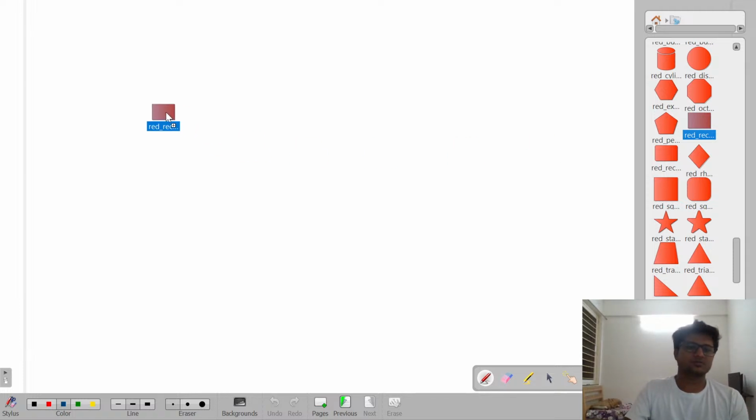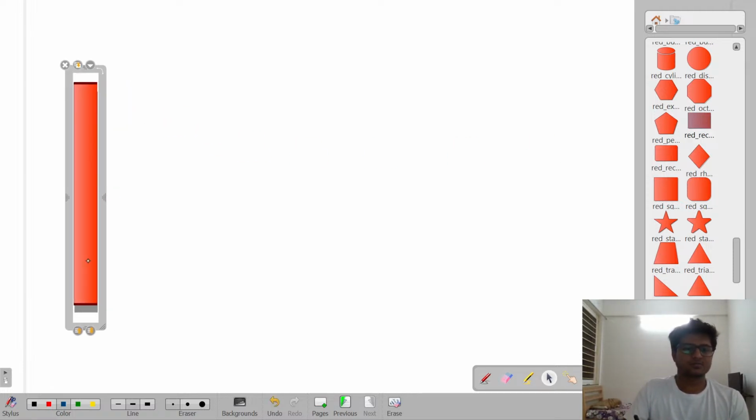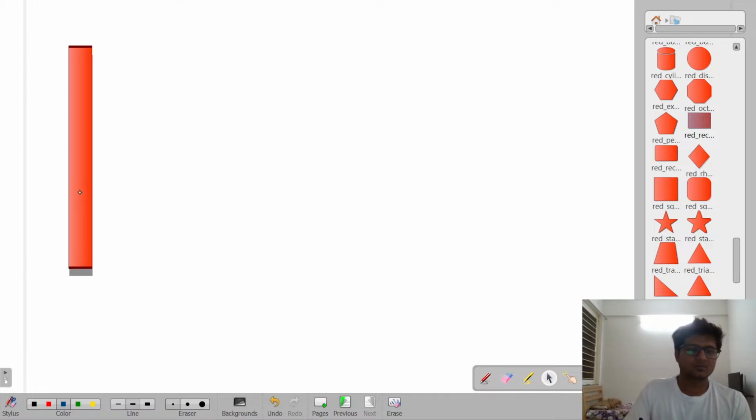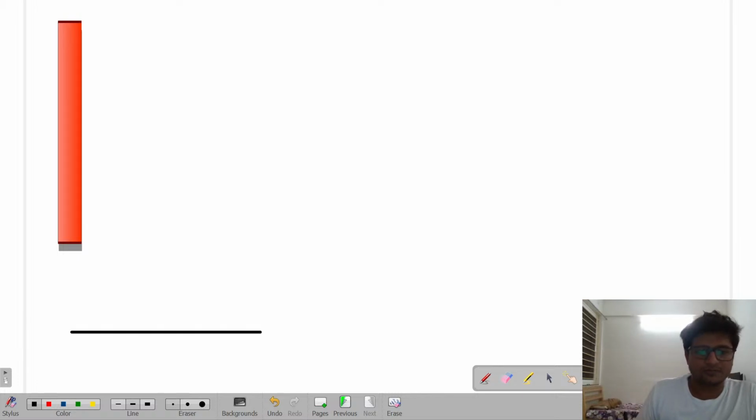What if, for the rod you are considering, your point of interest is somewhere over here, still located at some distance r, but there is a gap of some distance x from one end of the rod?